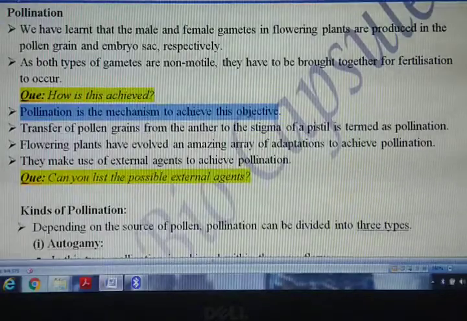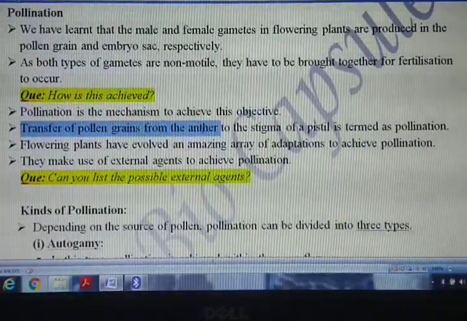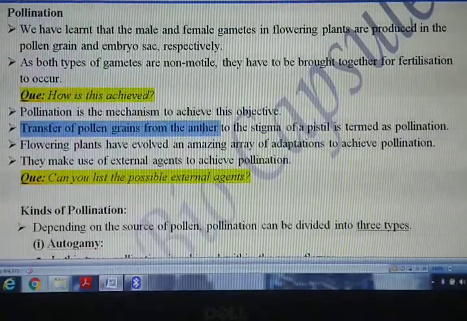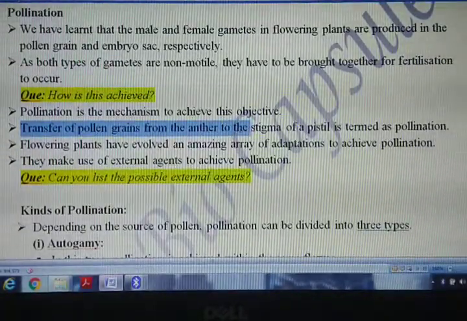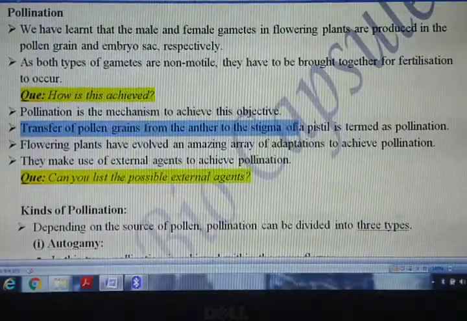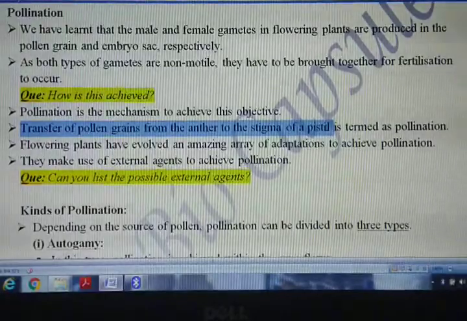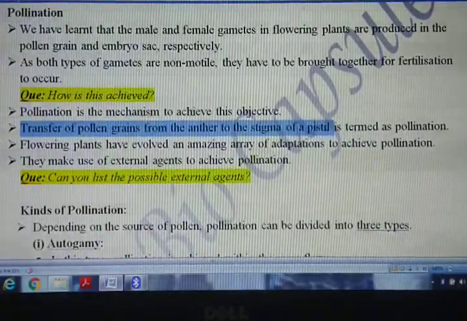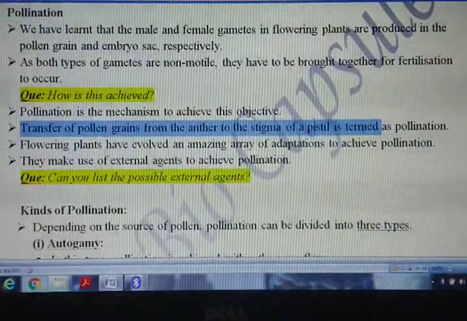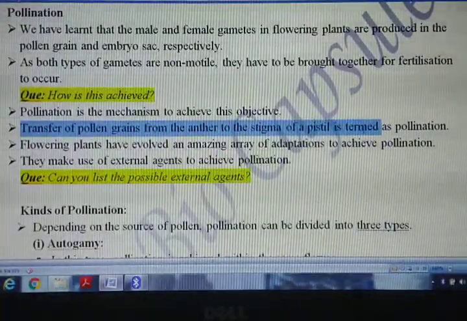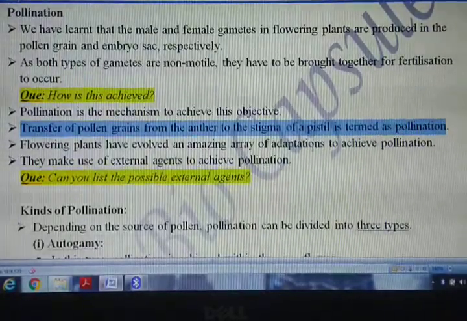In this, the pollen grains have to be transferred from the anther, that is the male part, and the pollen grain is the male gamete, to the stigma of the pistil, which is receptive. The stigma is the receptive part of the pistil. This process of transfer of the male gamete, that is the pollen grain, from the anther to the stigma is known as pollination.